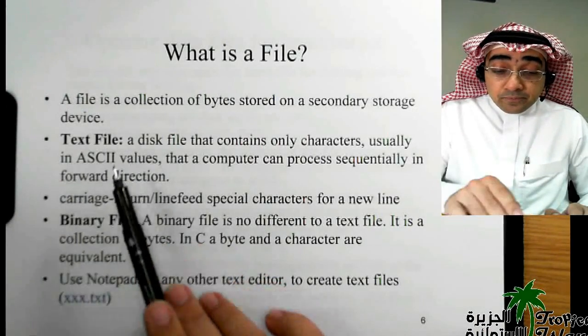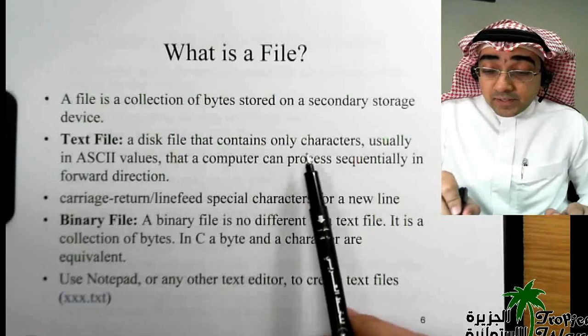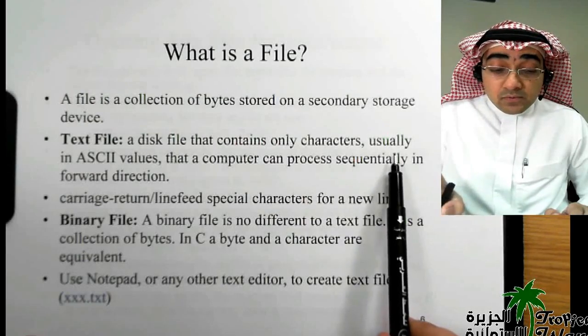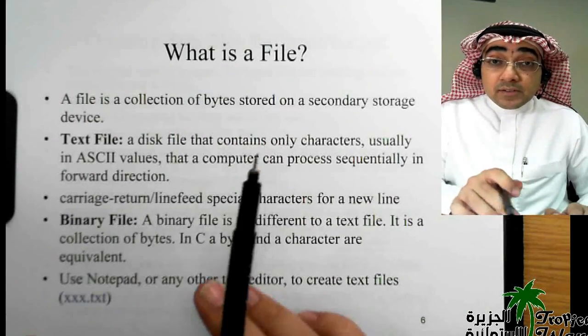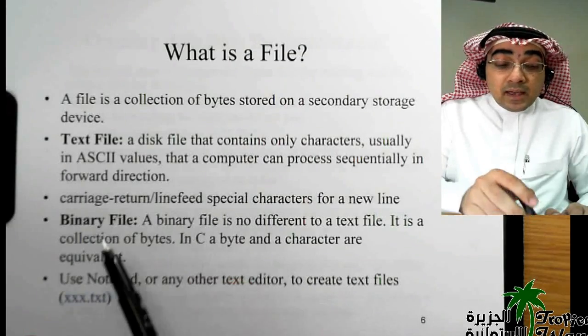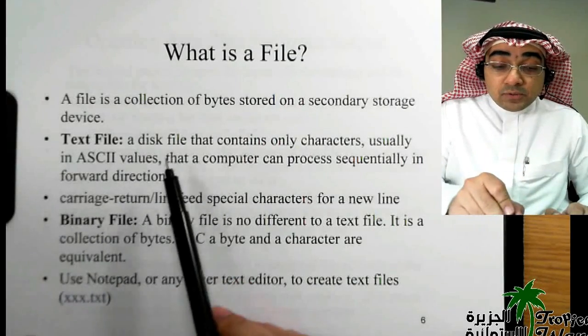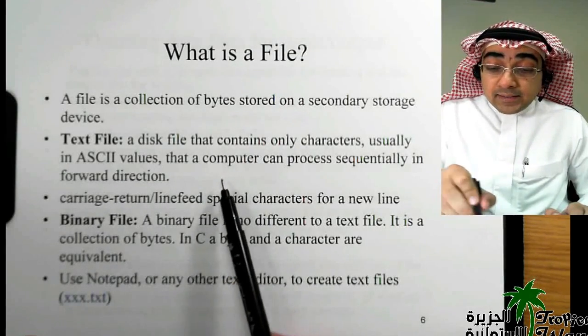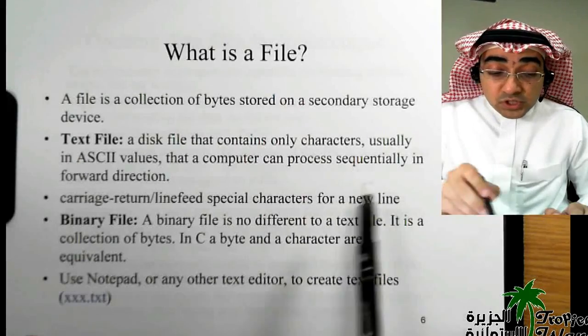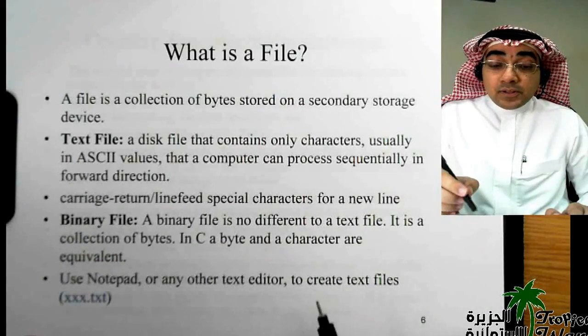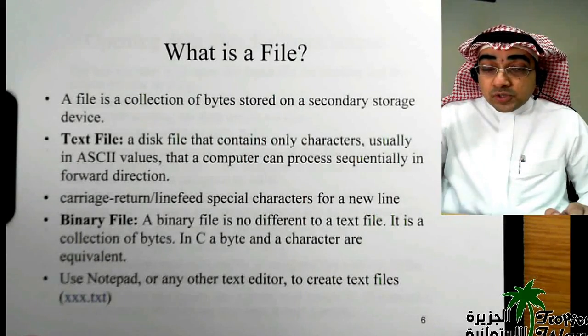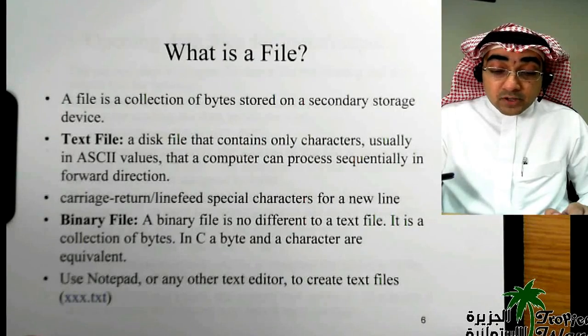What is a text file? It's a file that contains only characters, usually ASCII values, so it has characters, letters or alphabets, as you can imagine them when you open any text file, and it is processed sequentially in the forward direction.